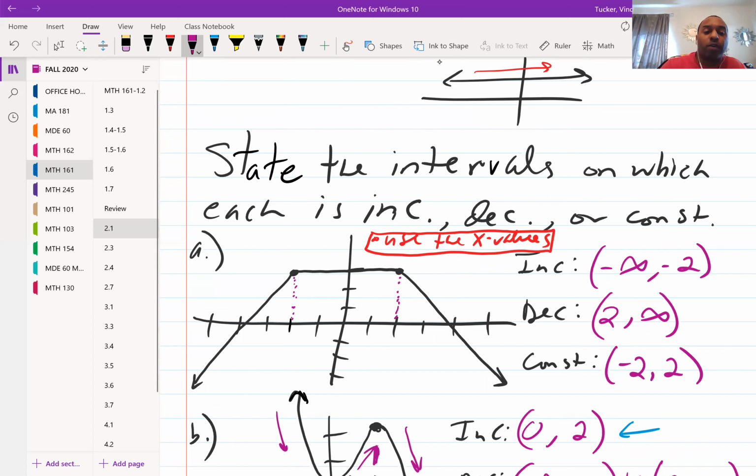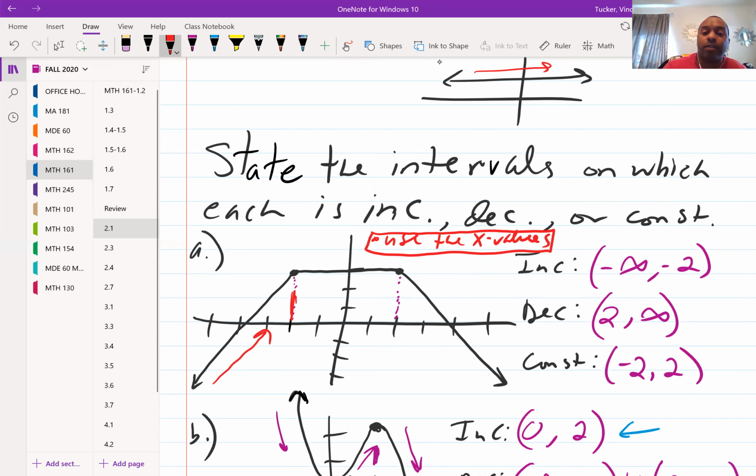So if you look at this first one, from left to right, it is going up, and it's doing that to this number right here, which would be -2. So from negative infinity, we're coming from the left side up to -2.